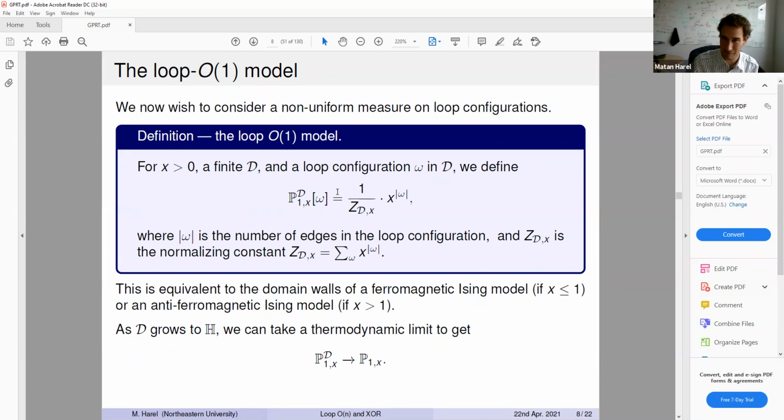That's somehow the 0-dimensional sphere. And we're going to see the loop O2 model is related to integers, which is not quite the 1-dimensional sphere, but there is a way to make it into an infinite covering of the 1-dimensional sphere. So there is a story about the O(n) model, but for the purposes of this talk, I promise that the 1s make sense. The O might be a bit arcane. I apologize.